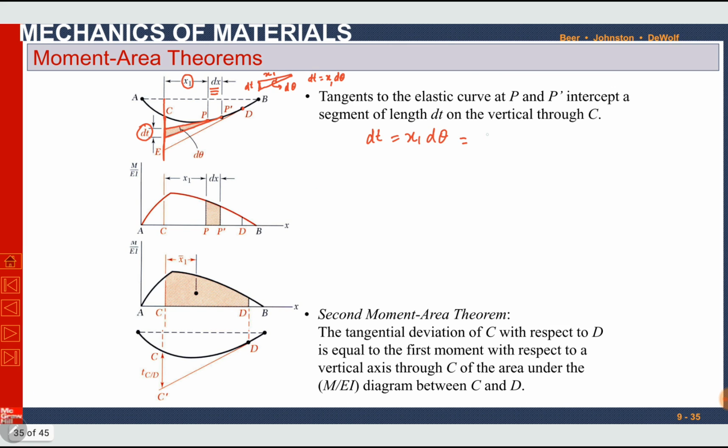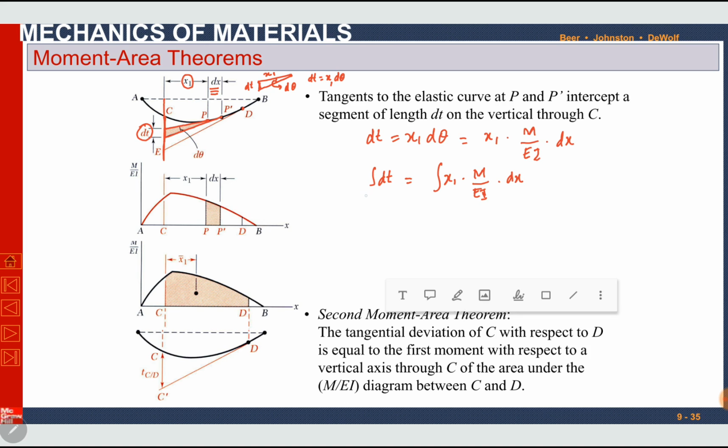So we can rewrite it as x1 into M over EI into dx. If we integrate both sides, the integral of dt is equal to the integral of x1 M over EI into dx.